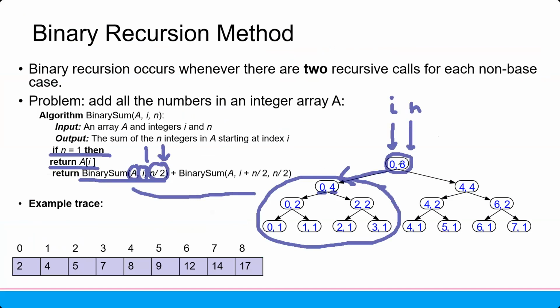Well, what about this one? A is the array, and then I would like to start from I plus n divided by 2. Then it means I will start from 0 plus n divided by 2, it is 8 divided by 2. Then the starting index will be from index 4. And we are going to check the 4 next integers.